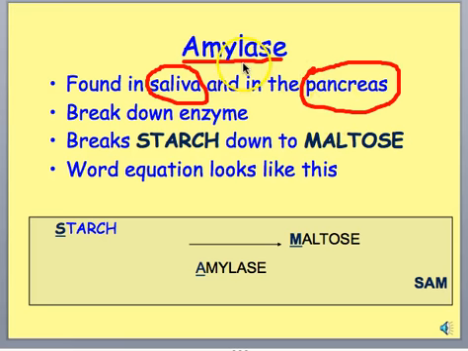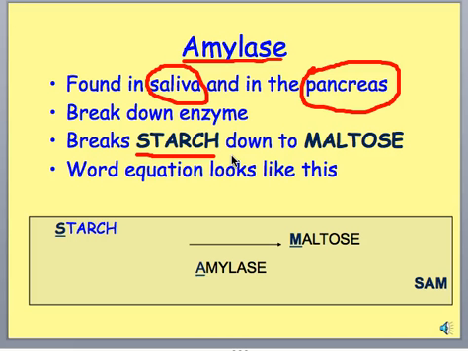This enzyme breaks down a substance, and what it does is it breaks down starch, which is a huge, big molecule. It's insoluble and it's a very, very long molecule.